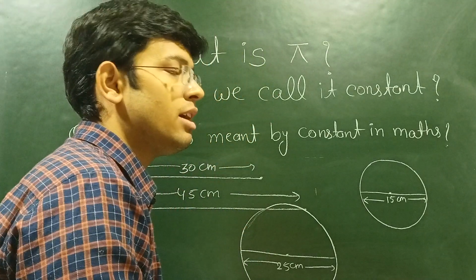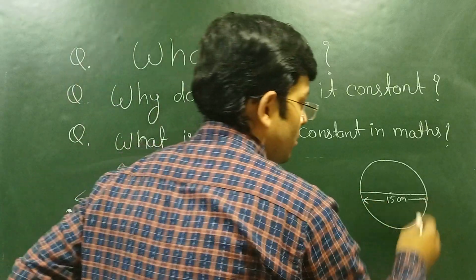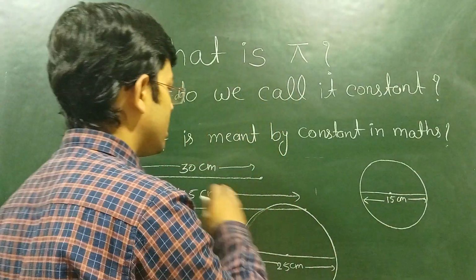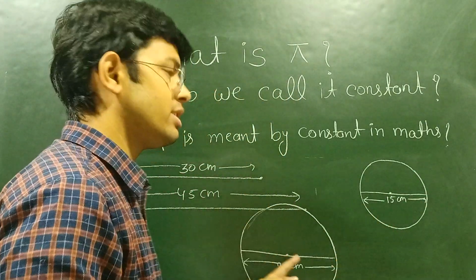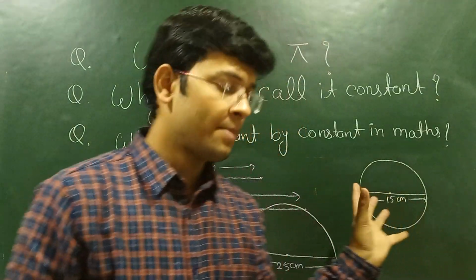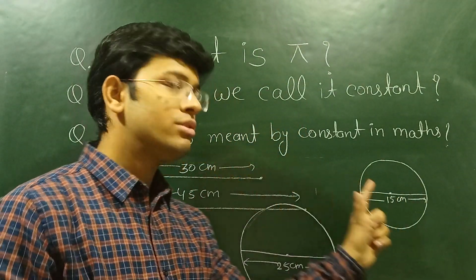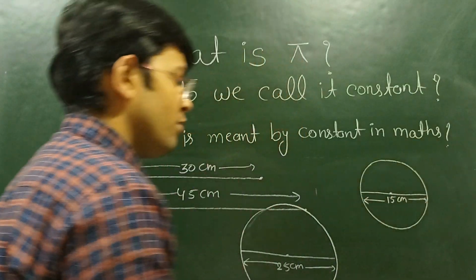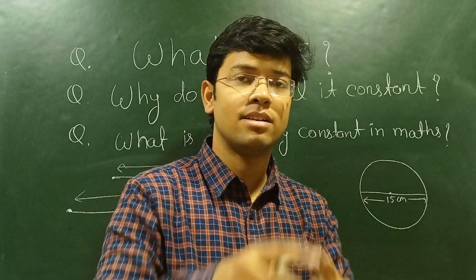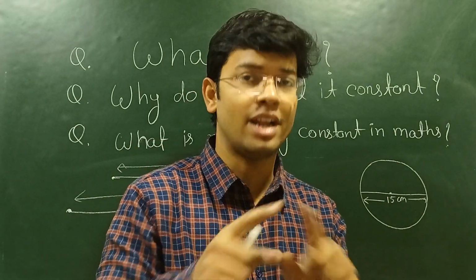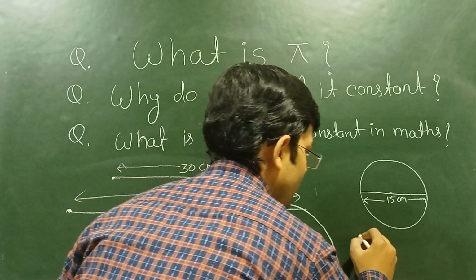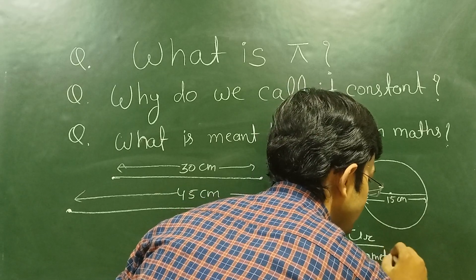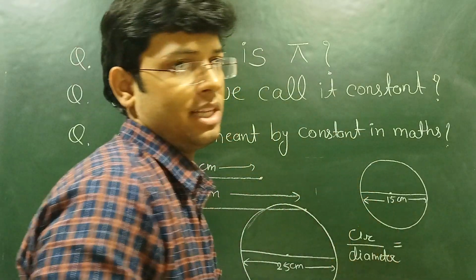You will get the same number for both circles. Suppose this circumference is 30 centimeter, but in this example it is not applicable because the values are imaginary numbers. So you have to find the circumference and diameter of your own thread. When we divide circumference by diameter, we will get the same number for both circles.